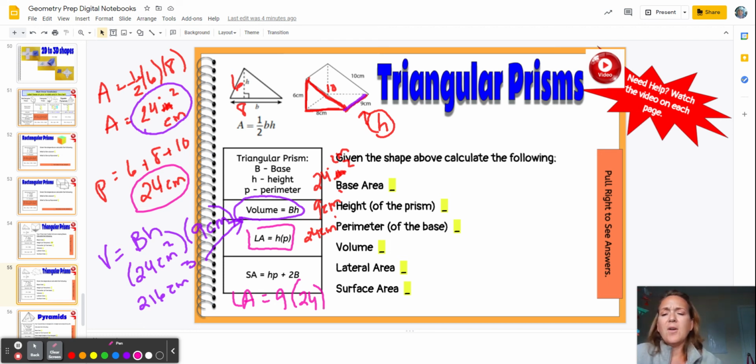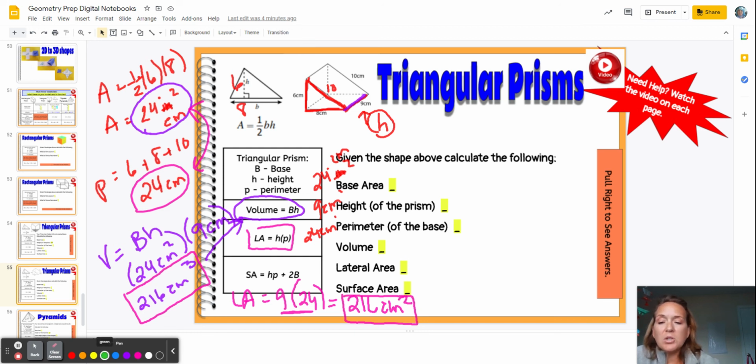Oh, wait a minute. Volume was 24 times 9. Oh, that's right, because our area and our perimeter were the same. So that's kind of crazy. That doesn't happen very often. This time, though, because we're talking about area, this is centimeters squared. So the volume is centimeters cubed, and the lateral area is centimeters squared.